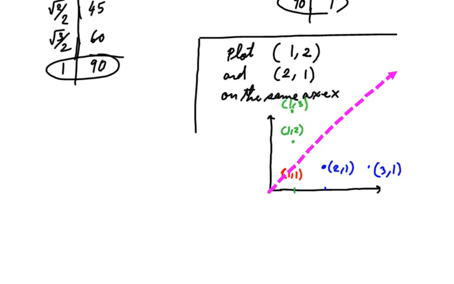What do you mean, reflection? Reflection means go straight to the mirror, go equal distance to the other side. You come back to the second point. My drawing wasn't that good, but that's the idea.